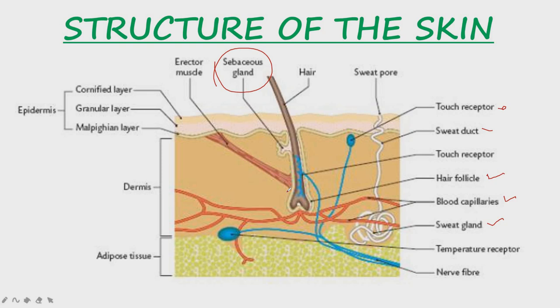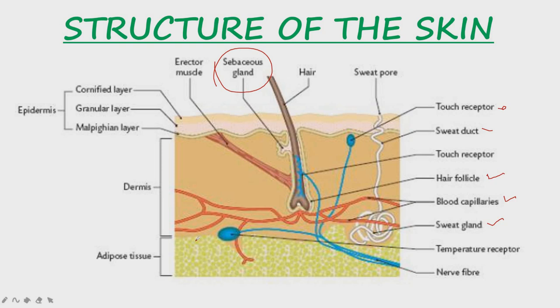The function of this oily gland is to keep the skin waterproof and flexible. So it supplies the skin with flexibility, and as well keeps the skin free of dust and microorganisms. So that's the sebaceous gland.